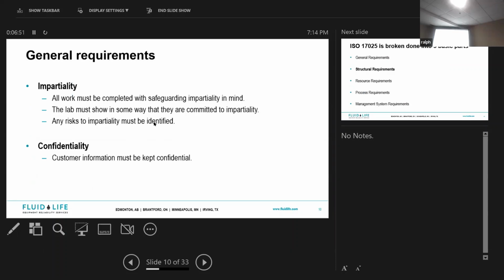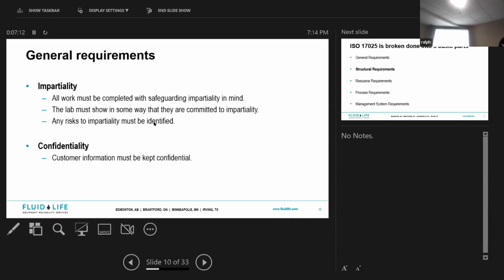One is that work must be completed impartially. So anytime that we are coming up with processes within the lab, you want to have safeguarding impartiality in mind always. The lab must show in some way that they're committed to impartiality. And again, you can do that in many different ways.